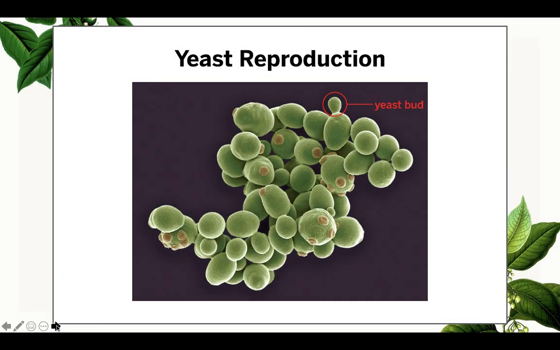Here we have a nice representation of a microscopic level of what yeast is and what it looks like. Even though we cannot see yeast with our naked eye, we can tell on a microscopic level when the yeast are reproducing. When they reproduce, they form these buds, and you can see one highlighted there.